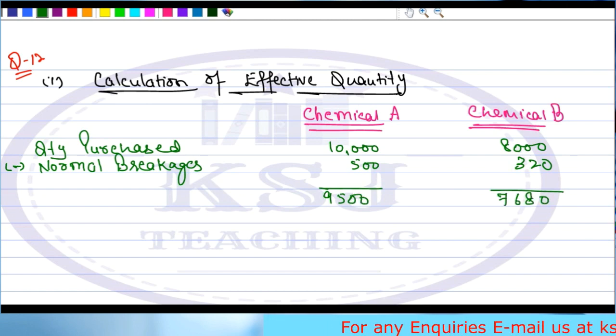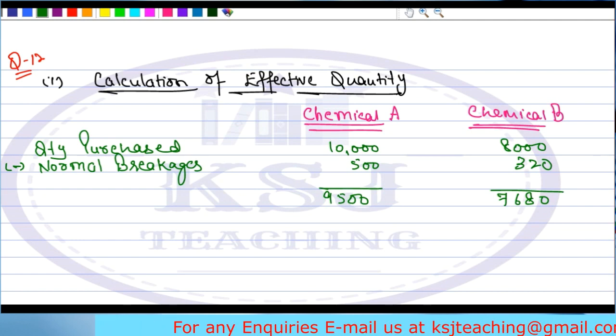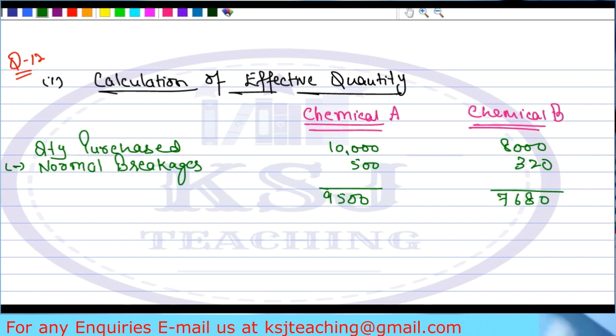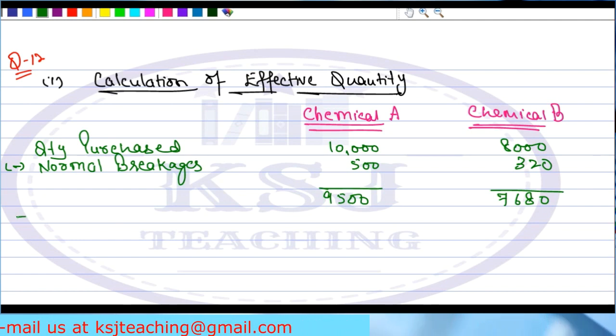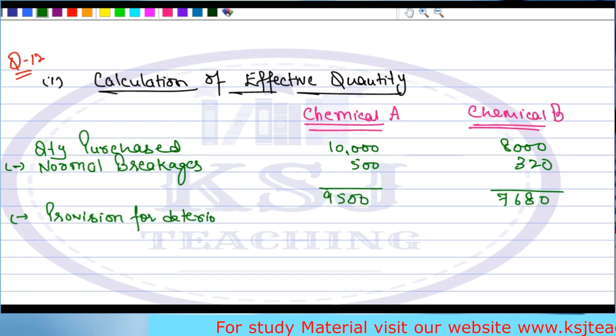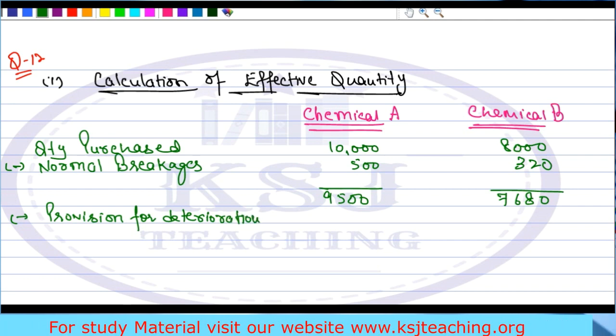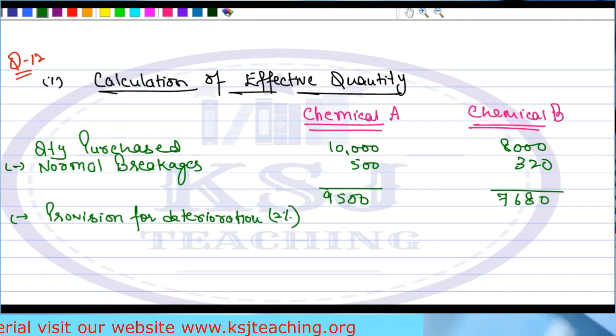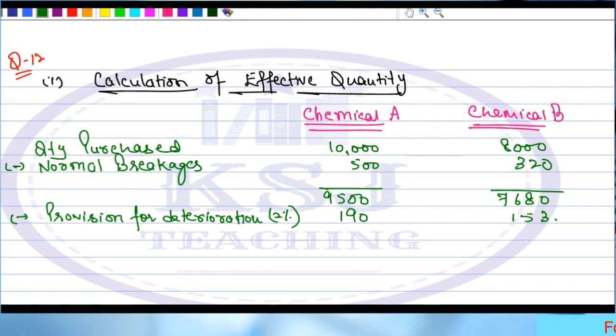Out of this, he says create a further provision of 2%. Provision for deterioration, 2%. So we have to create a provision of 2% on this, that is 190 and 153.6.